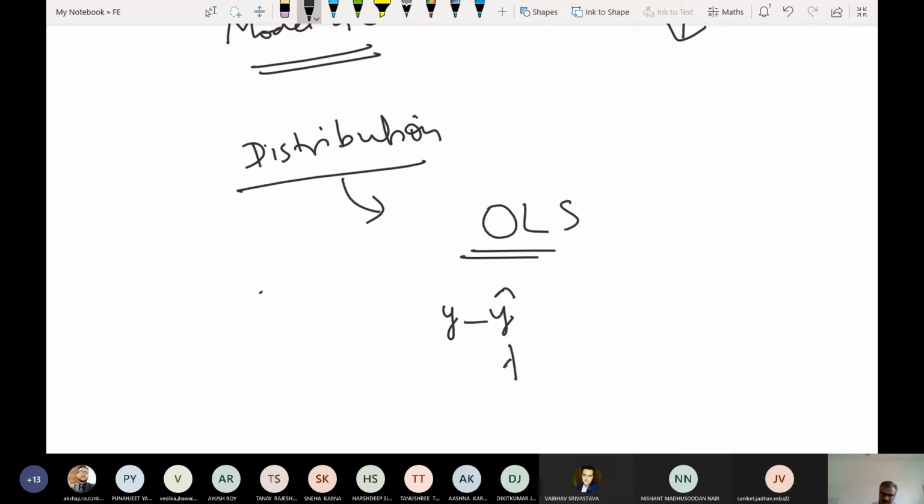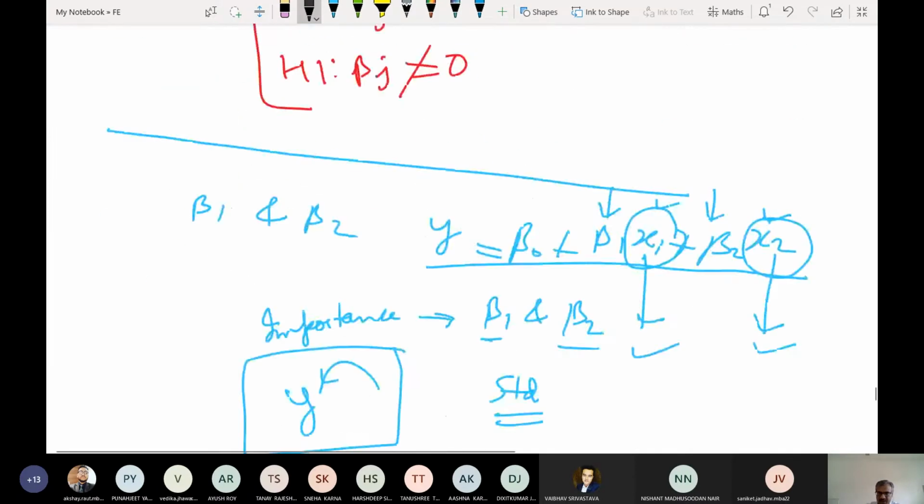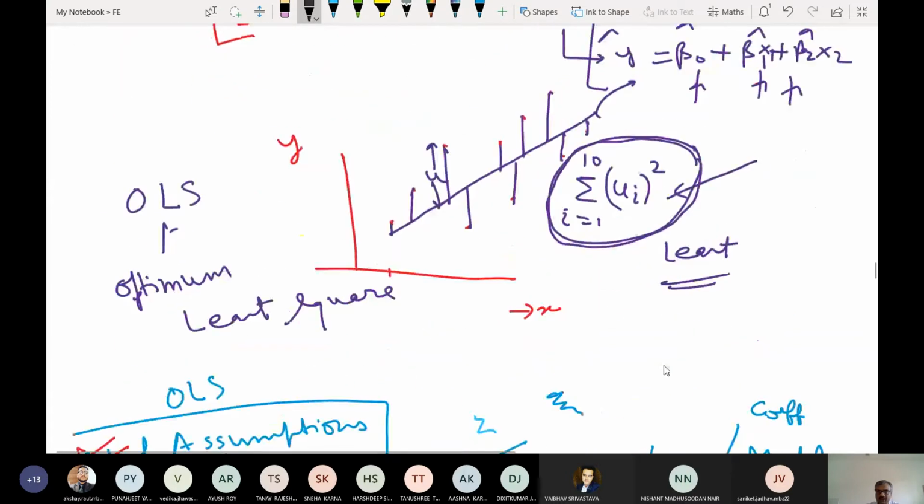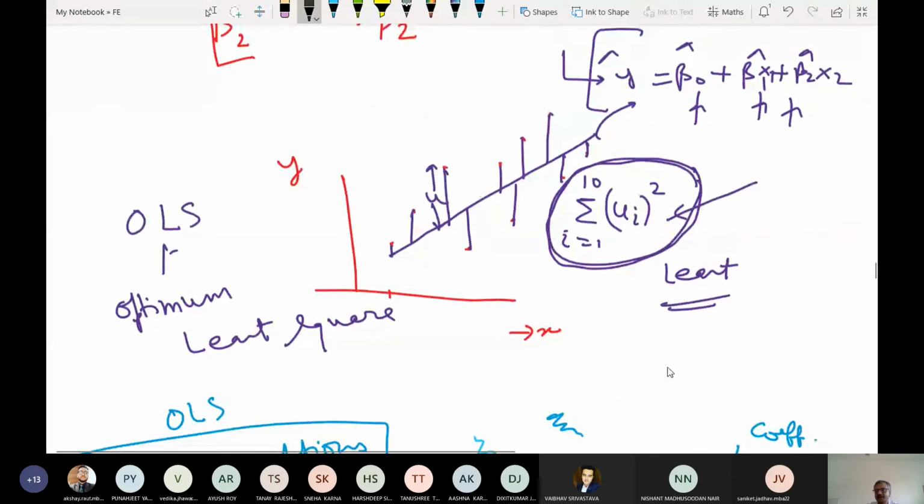Y cap is the estimated value. We call it u cap. Can you follow this much? This is the value of sample data. This is the value which we can calculate with the help of the model, the estimated value. So there is usually a difference. If you remember, let me show you so that I can answer your question. Look at this. We have made this, you remember, this u?